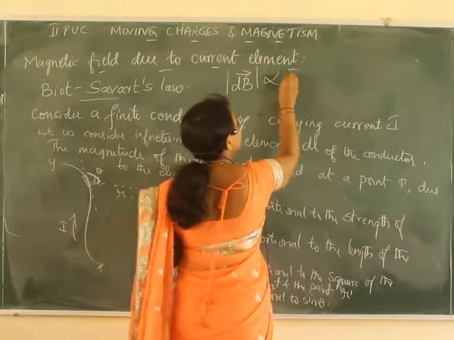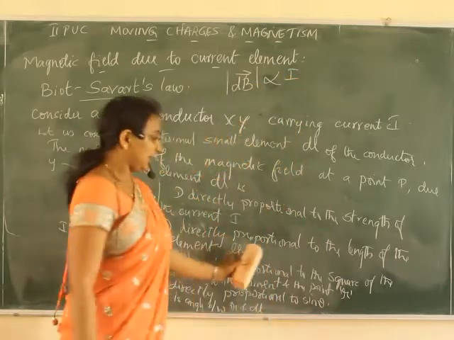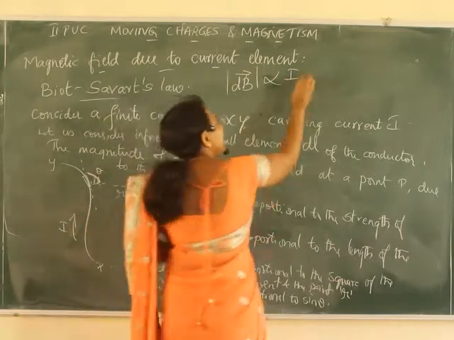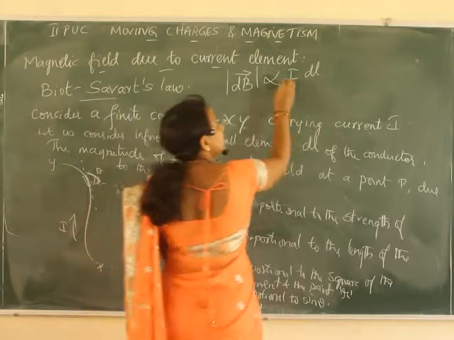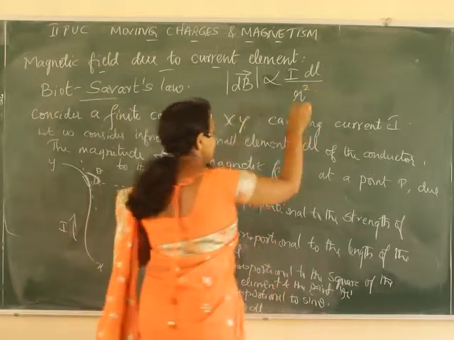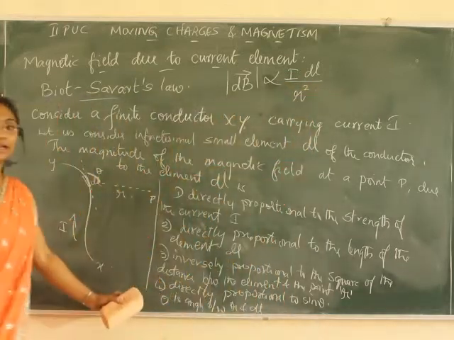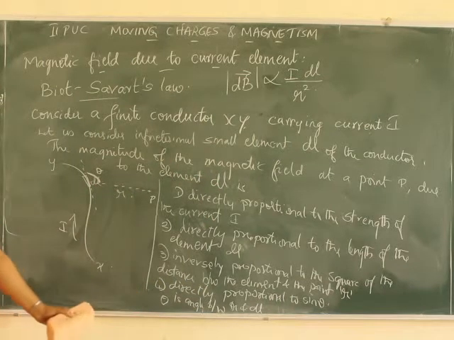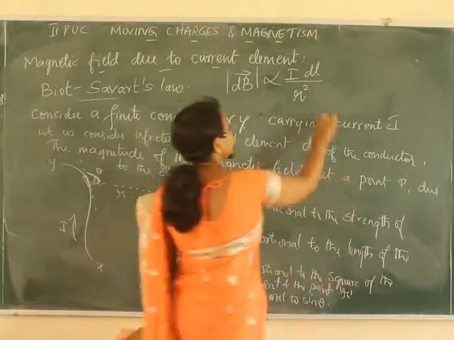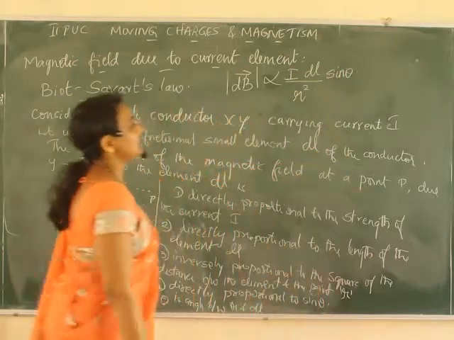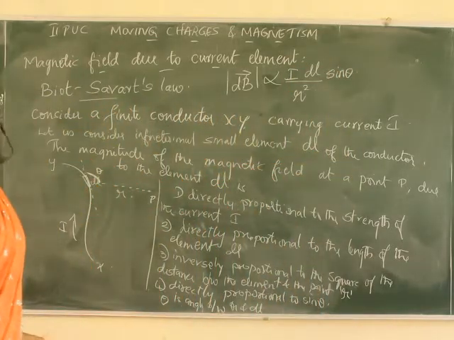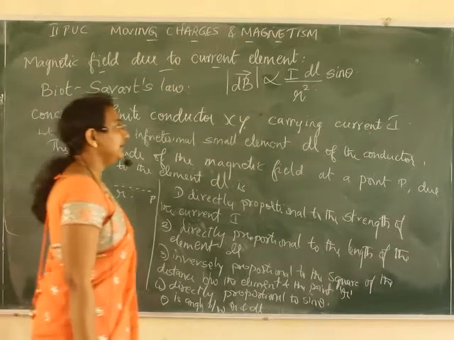Strength of the current. Directly proportional to the length of the element. Inversely proportional to the square of the distance. And it is directly proportional to what? Sine theta, where theta is the angle between r and dl.